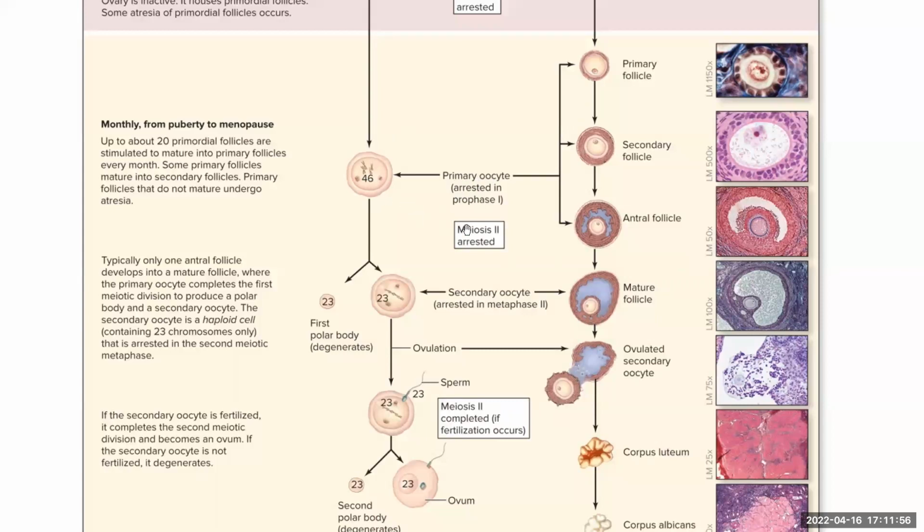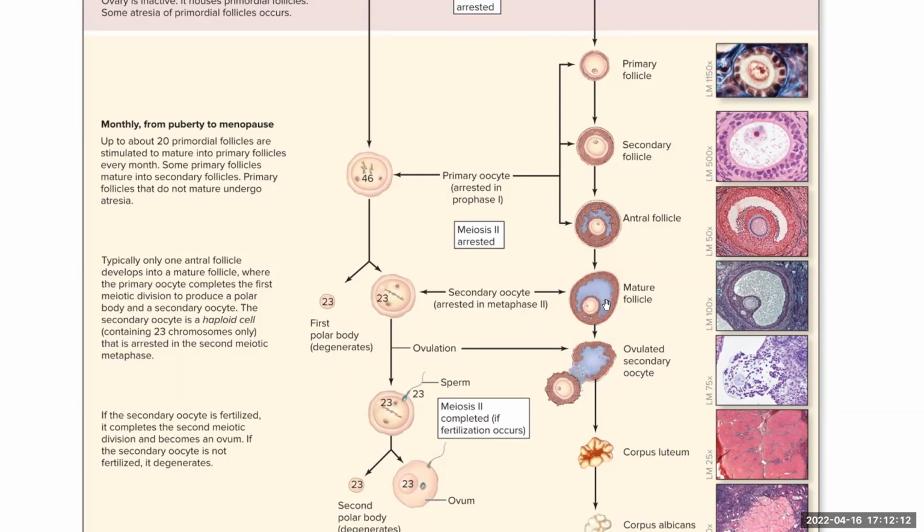During that maturation process, only one, not every time, there's always exceptions to the rule, will transition from an antral follicle to a mature follicle. And that's where we start to see the oocyte get pushed off to the periphery.